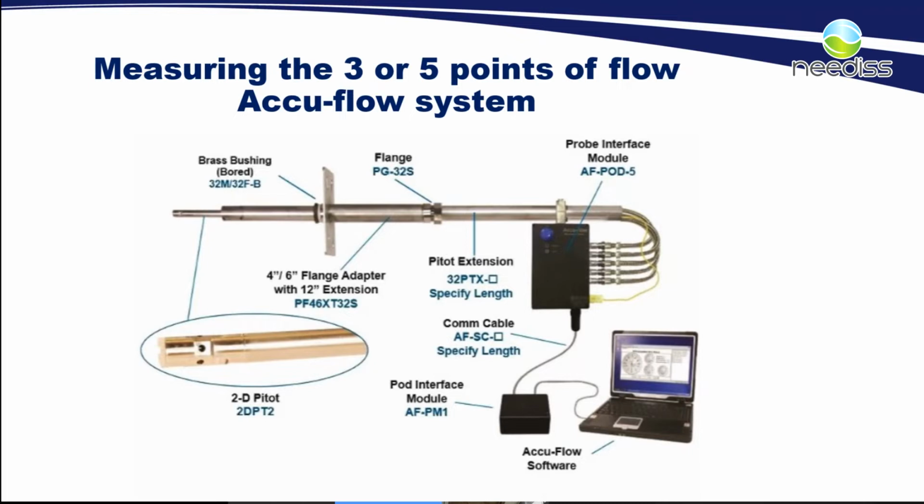So why is accuracy so important? Why are people looking at this now, when S-type pitots have been used basically since the 1970s, when isokinetic sampling was first developed by the EPA? There have been several changes in the way that regulatory agencies, government, or private industry are using flow data.